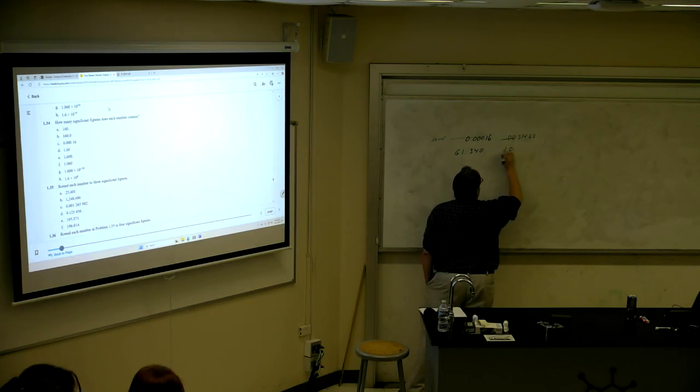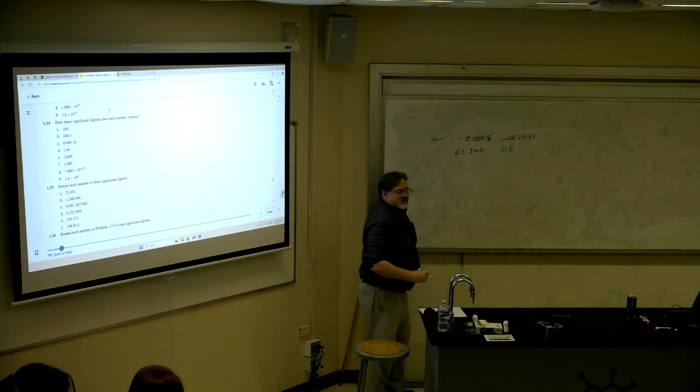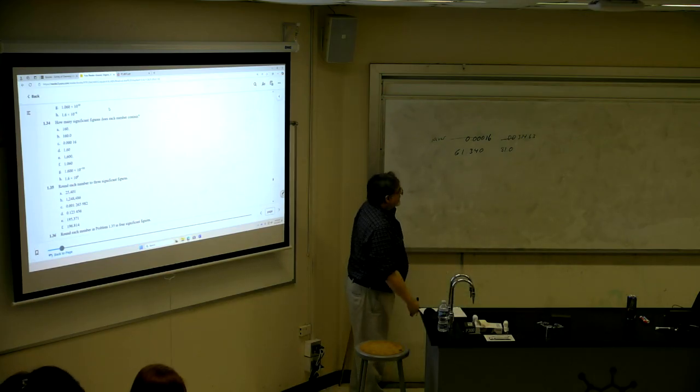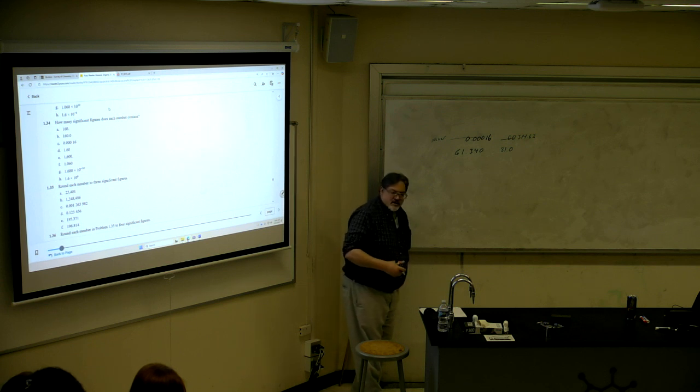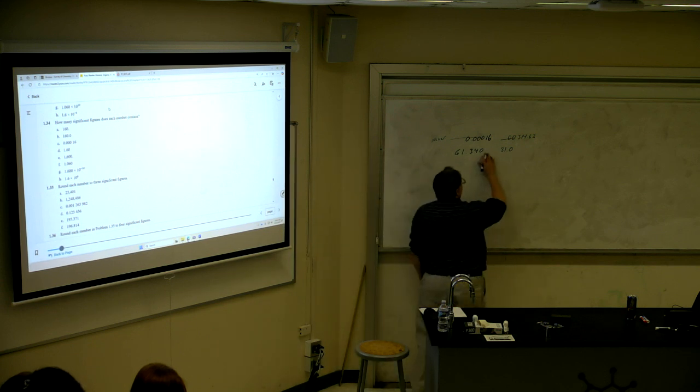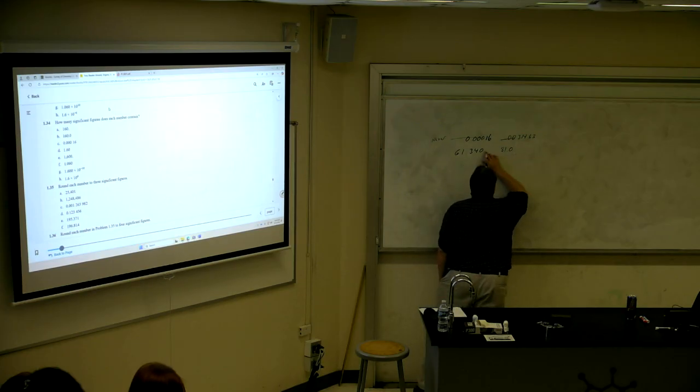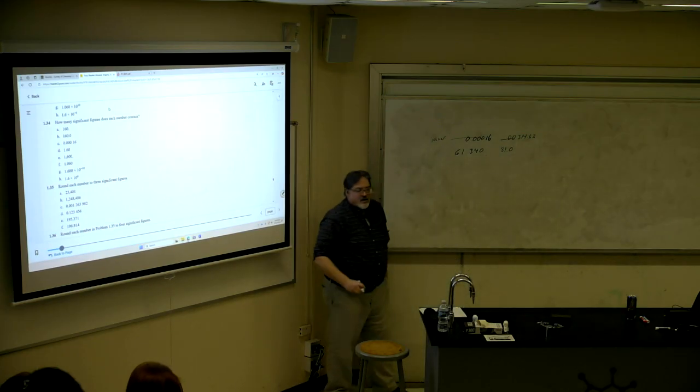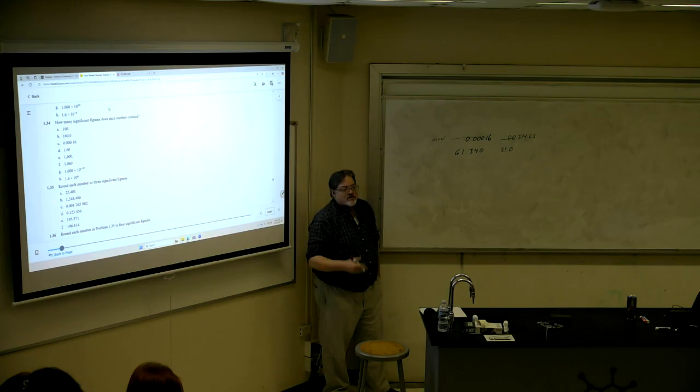Here's a different number. Both of those are trailing zeros on the right side of the decimal. Those do count. The writer of the number wouldn't have put it there if it didn't count. Again, there's technically an infinite number of zeros going out to the right. But the writer of that number included that one, so it counts.